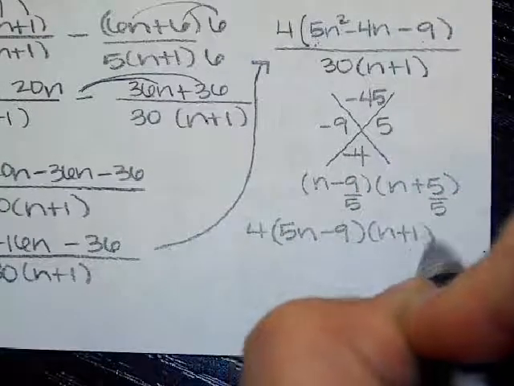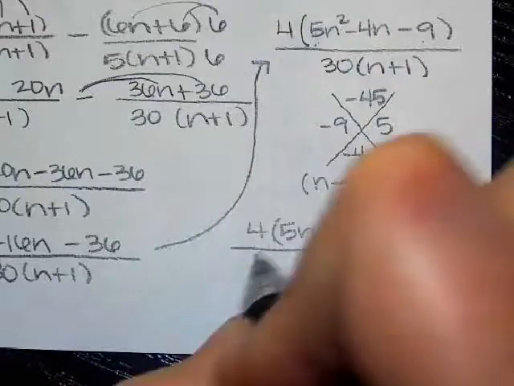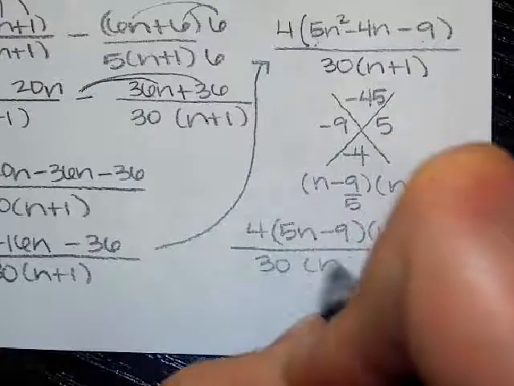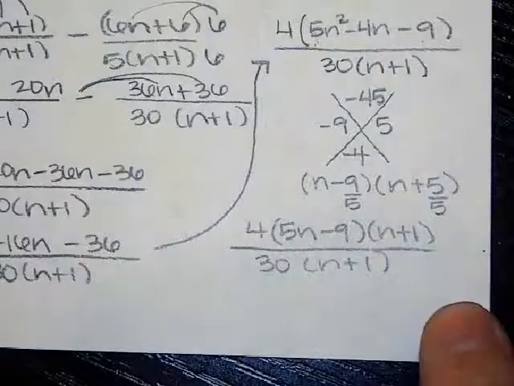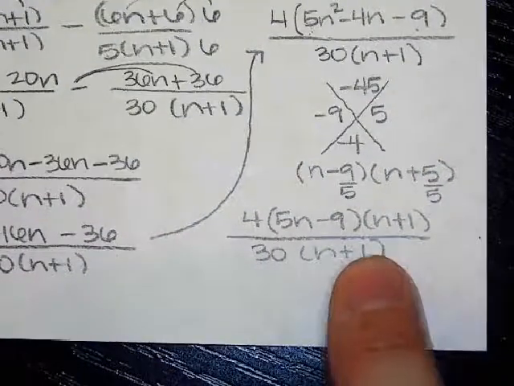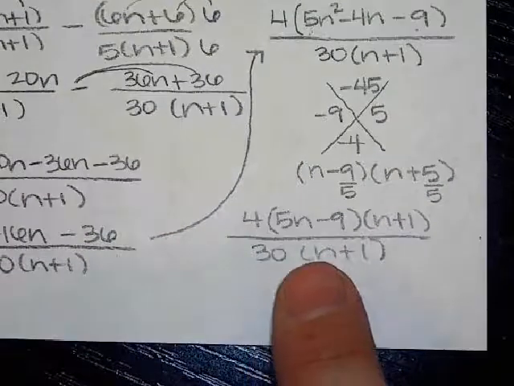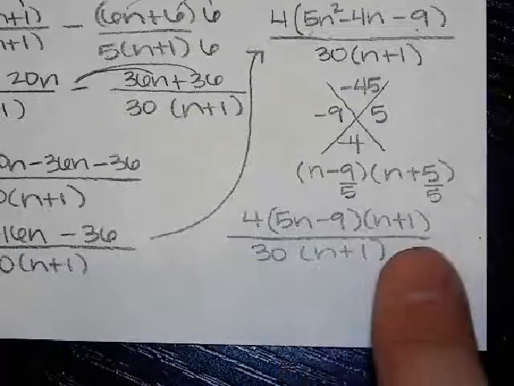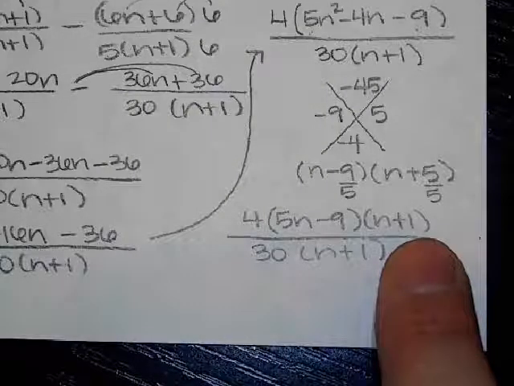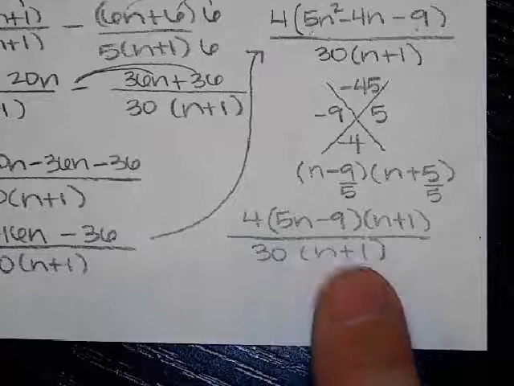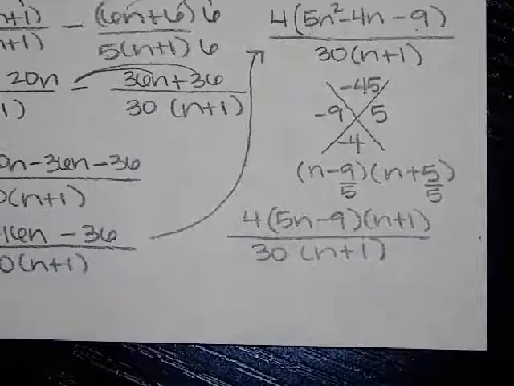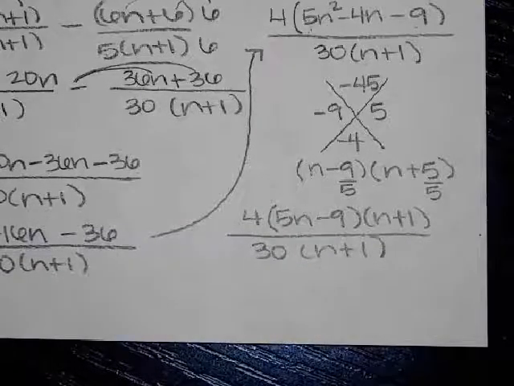Okay, so I've got 4 times 5n minus 9 times n plus 1 divided by 30 times n plus 1. And so what can reduce there? The n plus 1s, and what else can reduce?